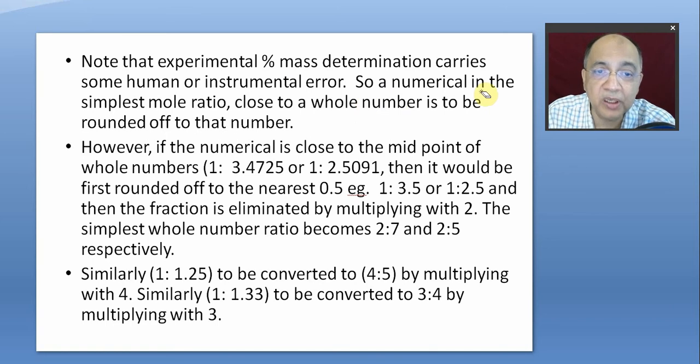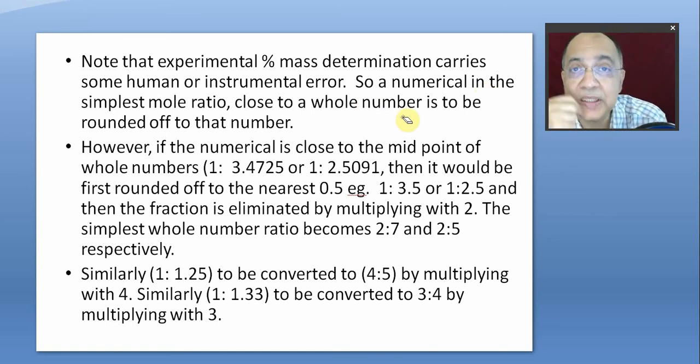So a numerical which is very close to a whole number, supposing 3.01 something or 2.9 something, can be rounded off to 3. So if the numerical is close to a whole number, then you can ignore the experimental error and round off safely to the nearest whole number.